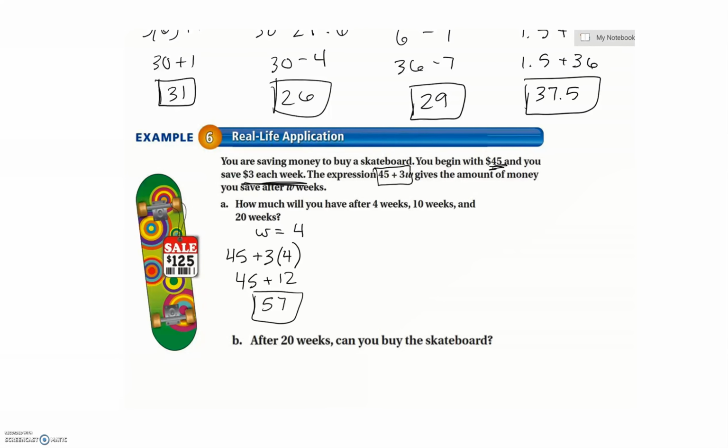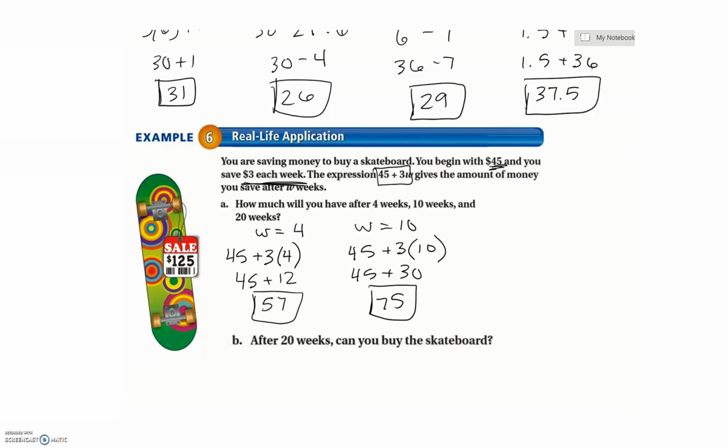So after 4 weeks, you have $57. Next, let's look at 10 weeks. So I have 45 plus 3 times 10. So 45 plus 30 is 75.